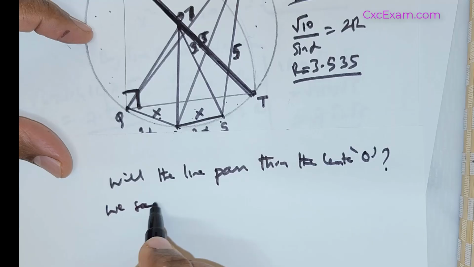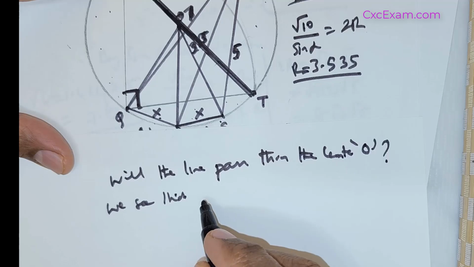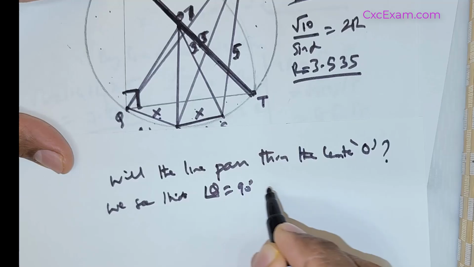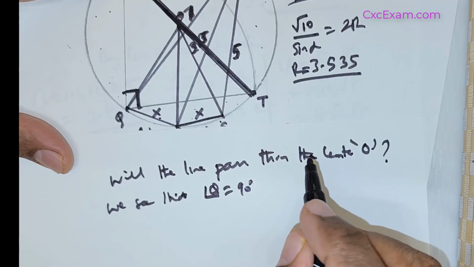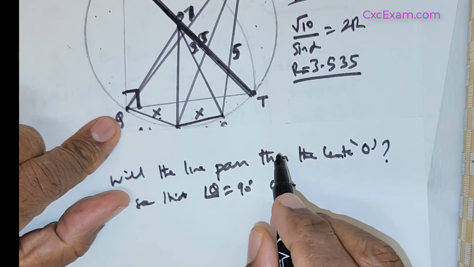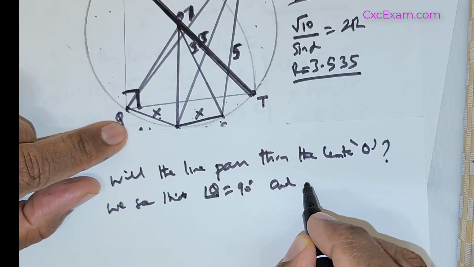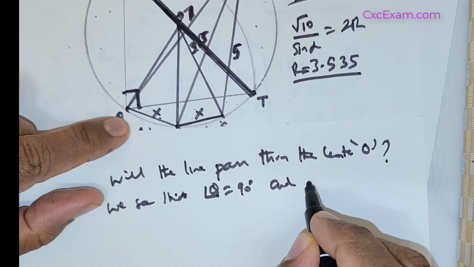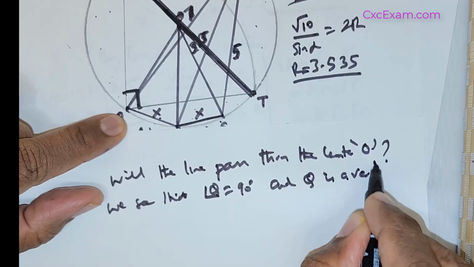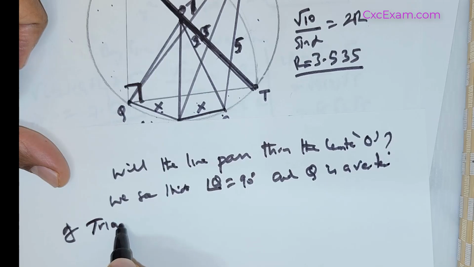Because we see that angle Q is equal to 90 degrees, right? And this is actually part of a triangle, and this Q is a vertex of the triangle.